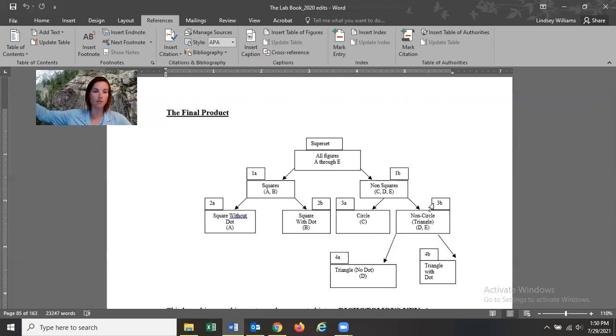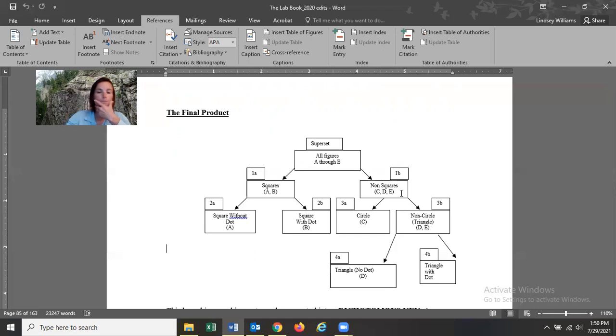It doesn't matter if another one has legs or a heart or whatever, okay? If it is not in the box above, you don't care about it. You don't need to break that down. You break it down when you get to it somewhere else because it's already been separated out. C, D, and E have already been separated out because they are not squares. Does that make sense? I hope so.